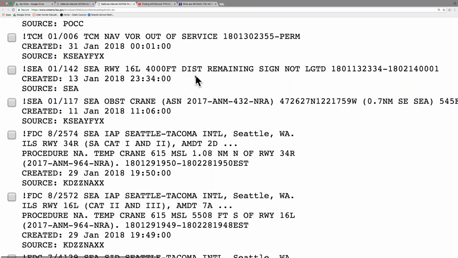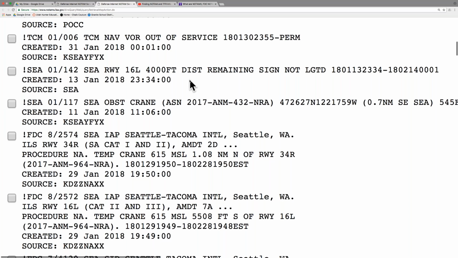So things like this, this is just telling us that it reads the same as the other NOTAMs, where this is the month, this is the number of NOTAM it is for that month. So 142, the 142nd NOTAM of January at Seattle, runway 16 left, 4,000 feet, distance remaining sign not lighted.